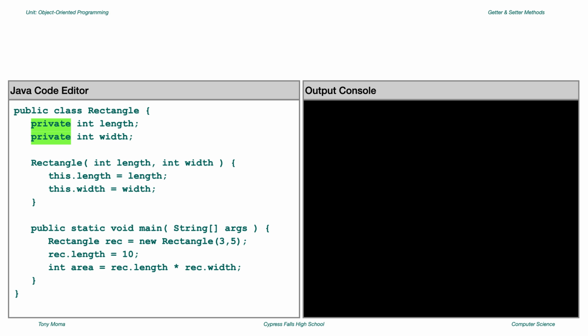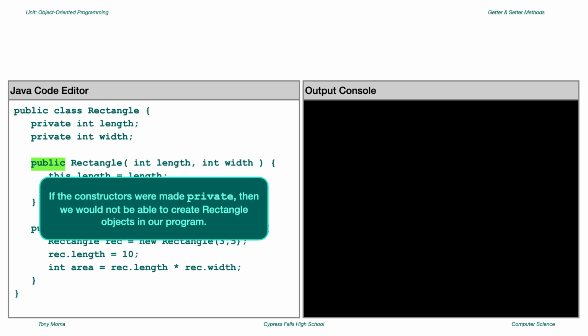By making them private, we are no longer allowed to directly access instance variables through the dot operator. This helps prevent those kinds of mistakes from happening. Also, as a rule, we make constructors public. We do this because if constructors were made private, then we would not be able to create rectangle objects in our program. Henceforth, since we want to be able to create objects, constructors are always public.